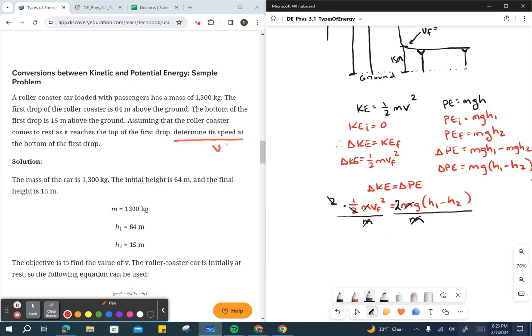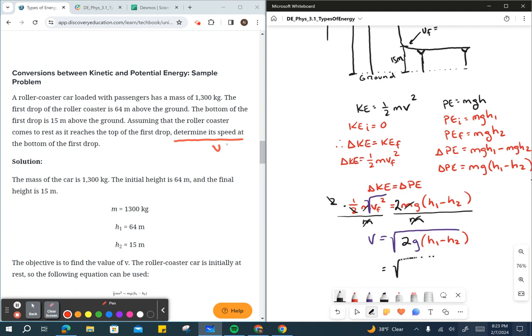So we need to take the square root of a v squared. That's going to give us v is equal to the square root of 2 times gravity times h1 minus h2. And that's it. Okay. So what we need to do now is we just need to put in some numbers.